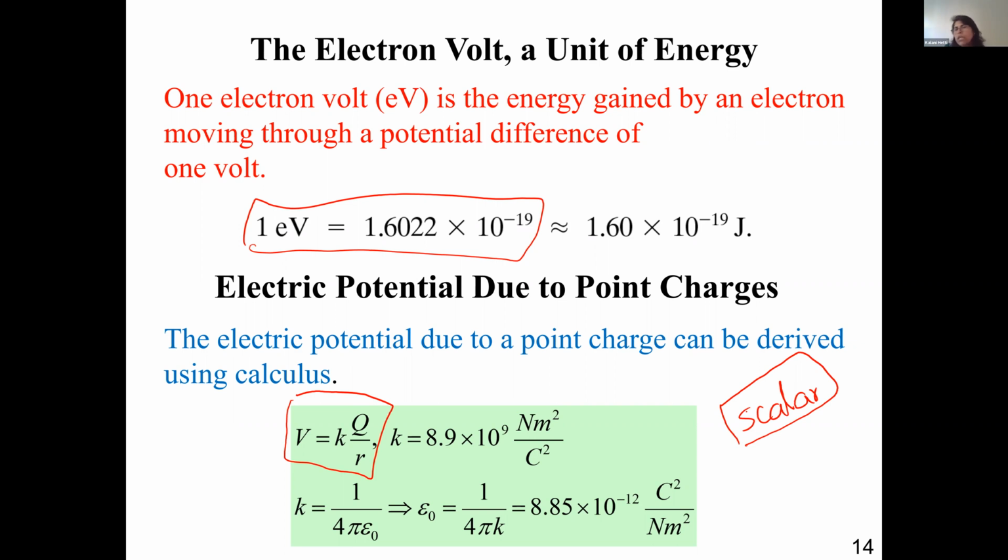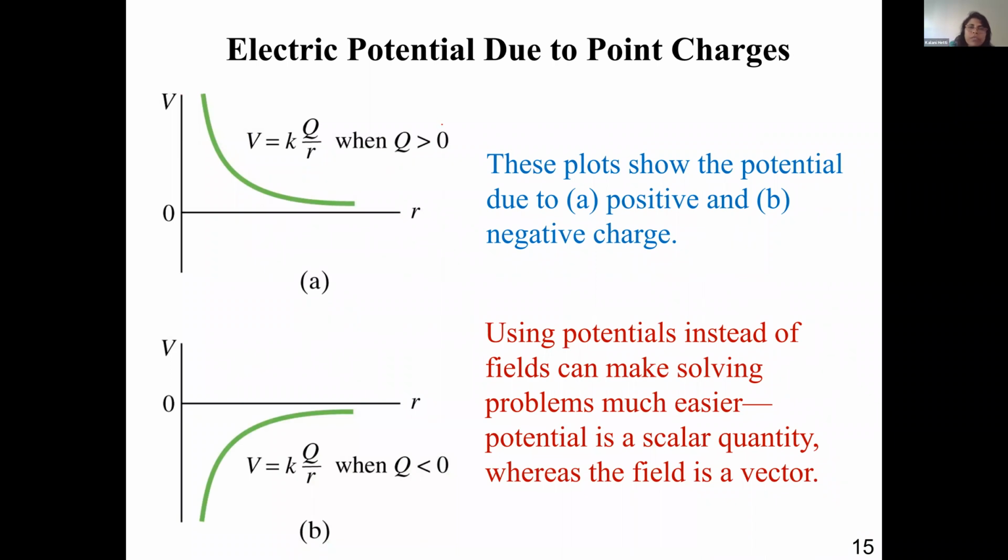If it is a negative charge, it will give you a negative number, but it is a scalar quantity. So this is how electric potential changes with distance for a positive charge, and this is how it changes when the charge is negative.